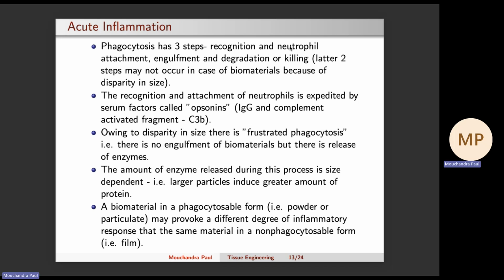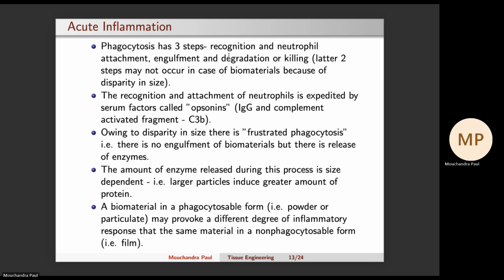Then the neutrophil will attach to its surface and try to engulf and degrade it. When I talk about recognition, I don't mean specific recognition. It is non-specific recognition because these cells are part of the innate immune system. If you still have doubts in this part, let me know in the doubt clearing session, and I'll try my best to clarify.